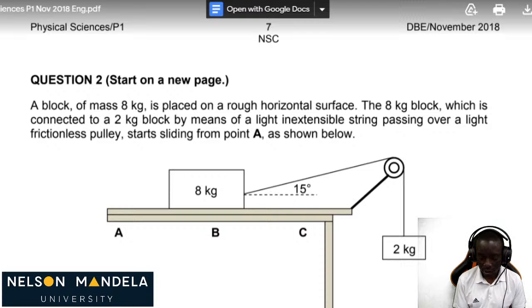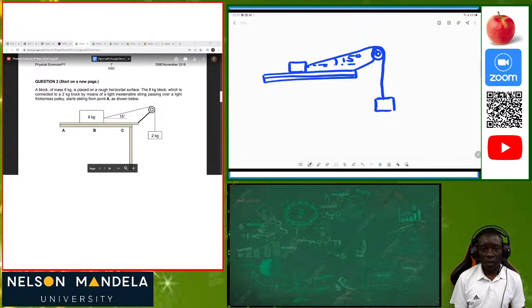We have that block, the table, then from the table, a pulley, then there is the string with the 2 kg block, like that. And that angle we're told is 15 degrees. So this is the diagram, a 2 kg block.